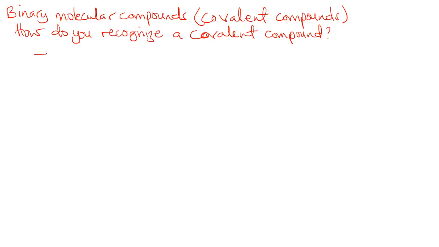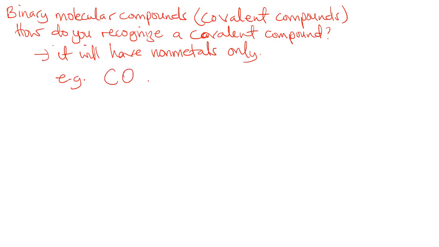So the answer is it will have non-metals only. For example, if you have CO, so C is a non-metal and O is a non-metal. So that is a covalent compound.